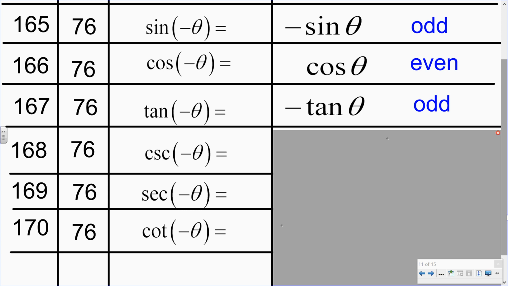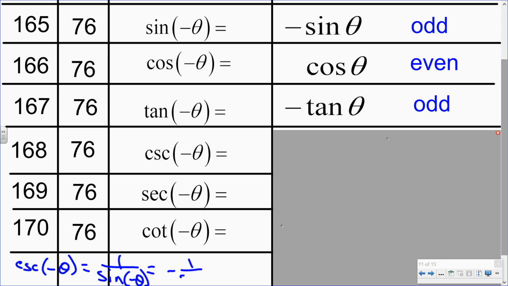You don't need to write down all of this extra, and I'll erase it in a moment, but for cosecant, cosecant is 1 over, what? 1 over sine, so 1 over the sine of that same angle. But I know that if I take the sine of a minus theta, I need to have a minus out in front.